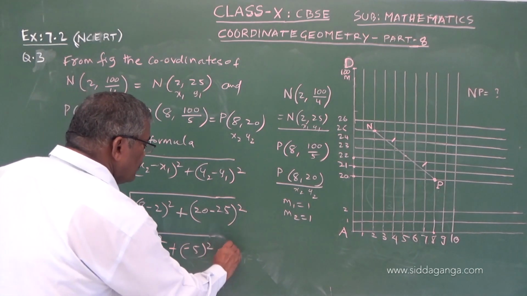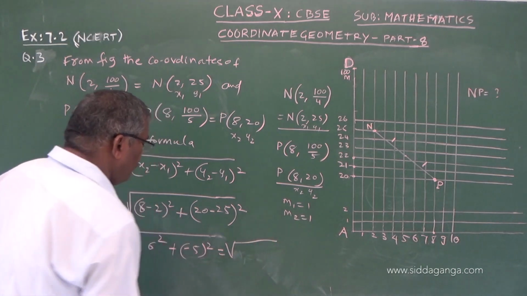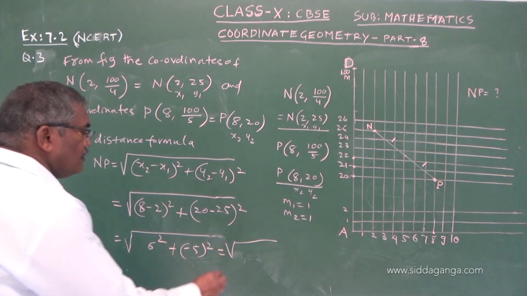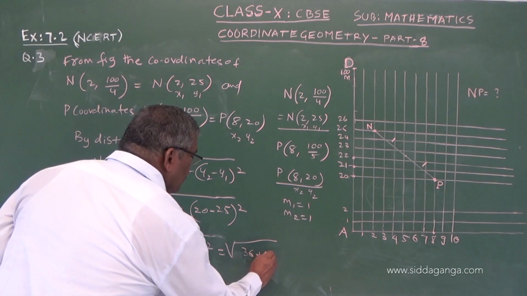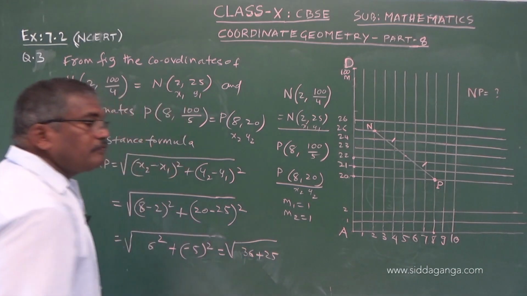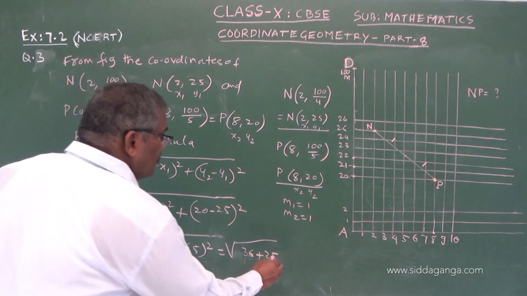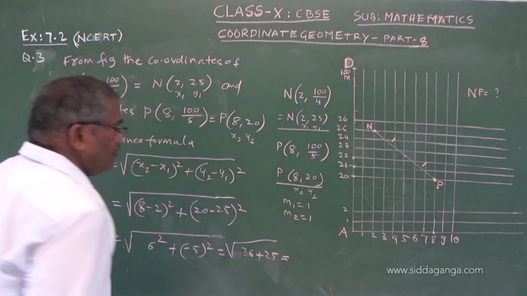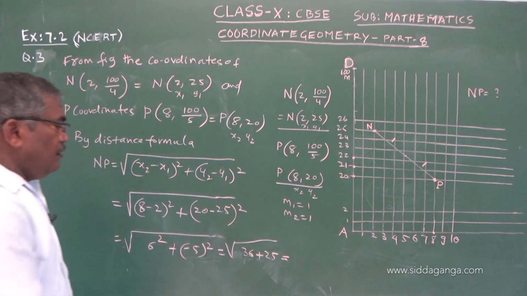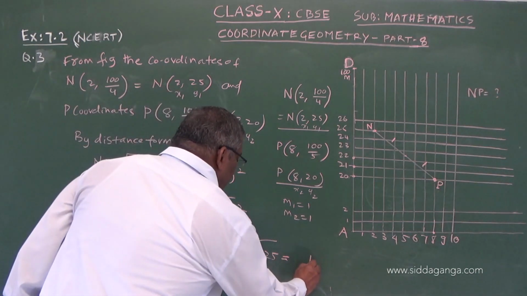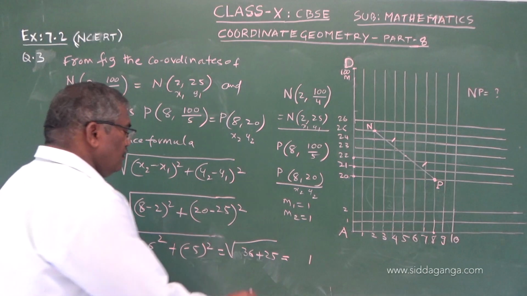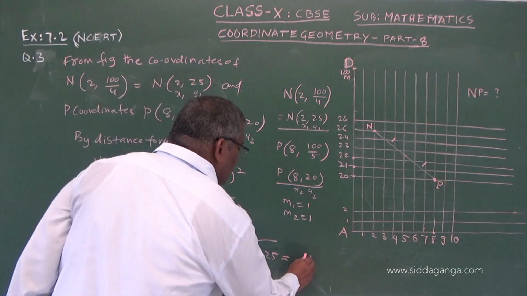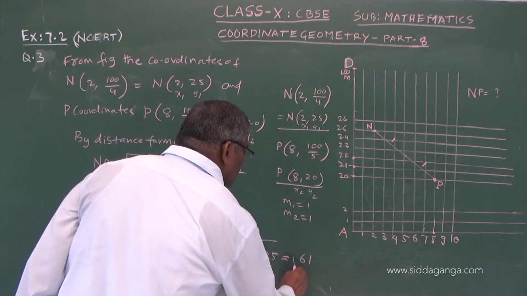So this equals square root of 36 plus 25, which is square root of 61.